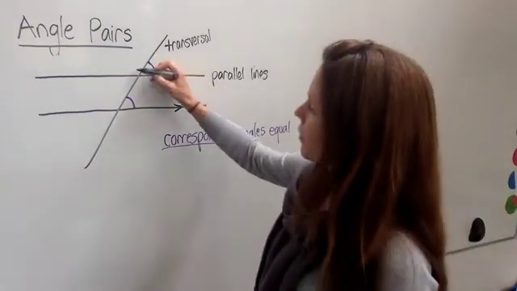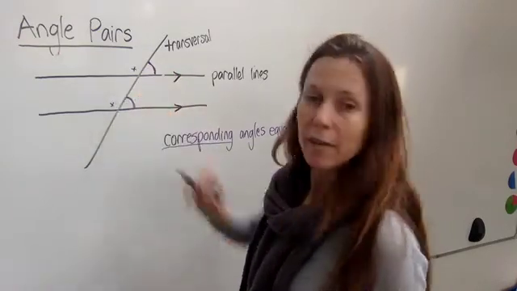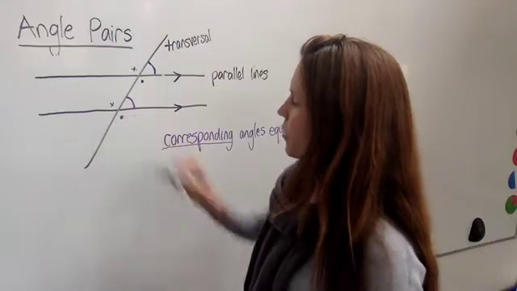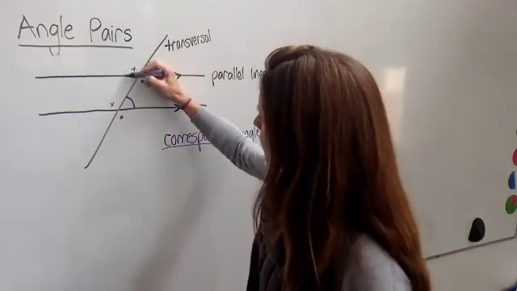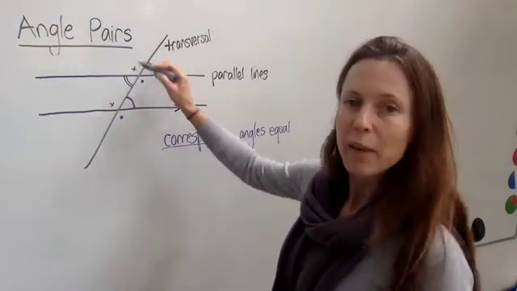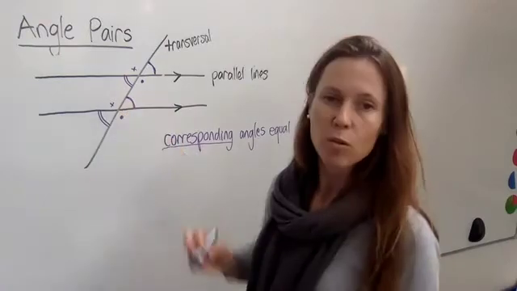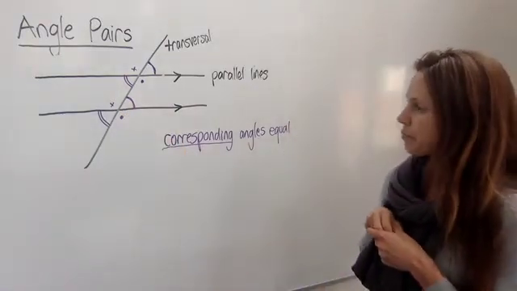Absolutely. This one here would correspond with this one. They're both top left. This one here and this one here are also corresponding. They're bottom right. And we need another type of symbol. How about this? Notice how I've made everything have a different symbol. And this. These two angles are also corresponding. So we've got a whole heap of corresponding angles there.